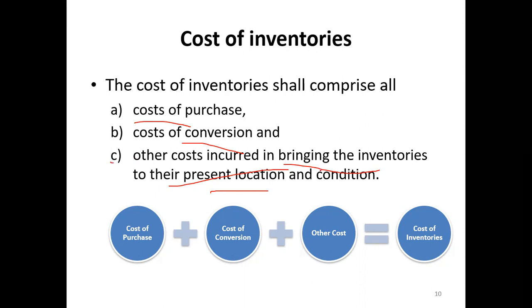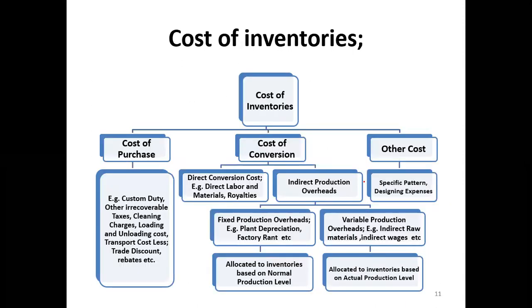Other costs incurred in bringing the inventories to their present location and condition. So it includes what? Cost of purchase, cost of conversion, and other cost equal to what? Cost of inventories. So in detail here, cost of inventories has three parts: cost of purchase, cost of conversion, and other costs.